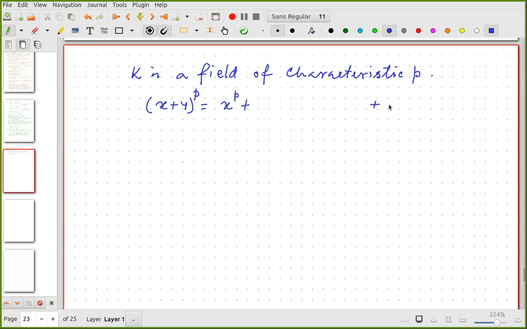I'm not writing because you also don't need to write. Just this observation would be enough, that all these terms have coefficients which are divisible by P.